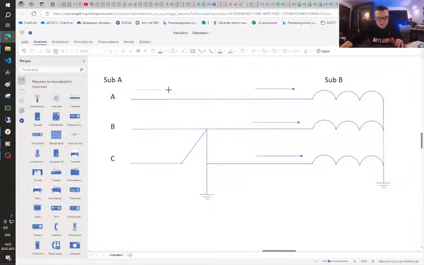And from the substation A perspective, it will be something like that. Very strange picture.